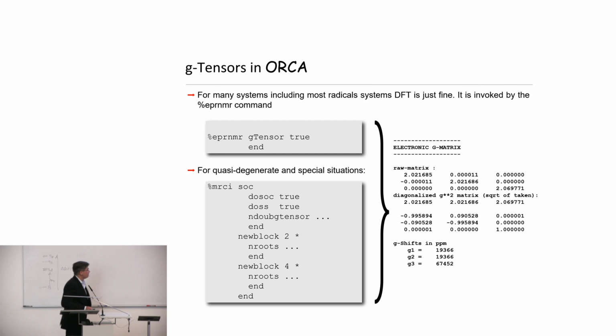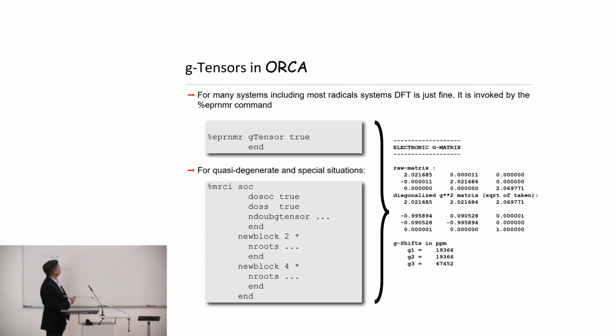Now, when you do the QDPT way of calculating a G-tensor, then you have to do a bit more. For example, here in the MRCI block, MRCI is one of the multi-reference methods that we have, but it's completely analogous if you use CASSCF or CASSCF and NEVPT2 or ROCIS or any of the other multi-reference modules.